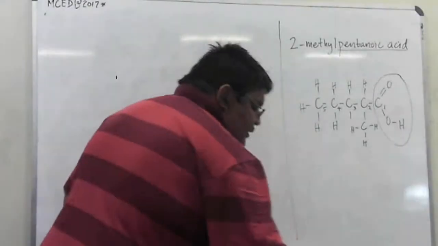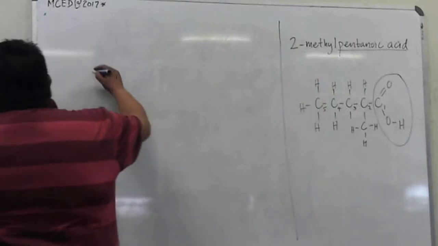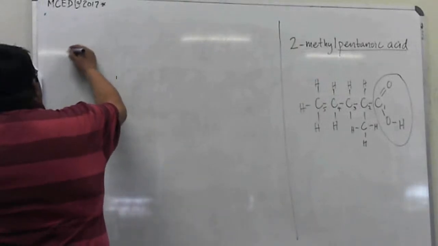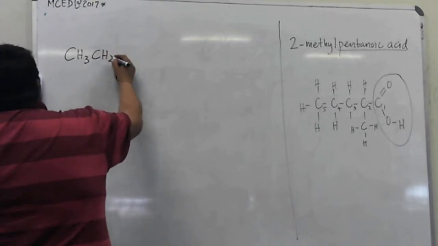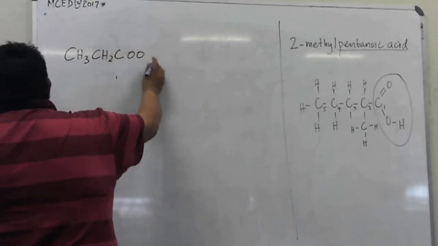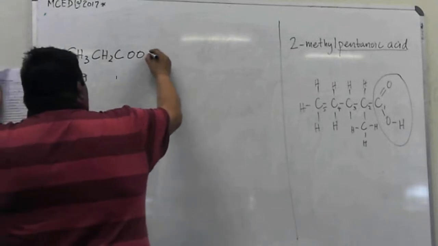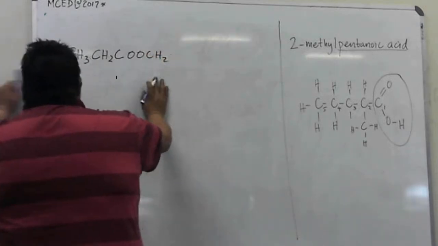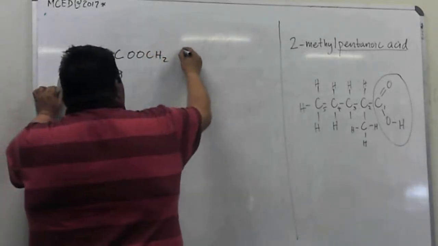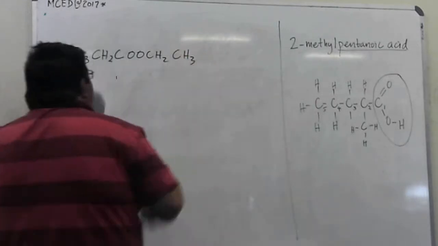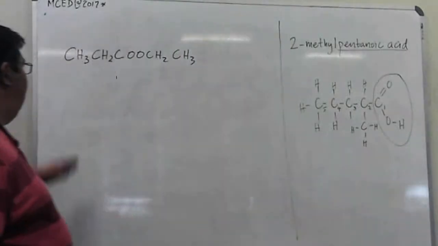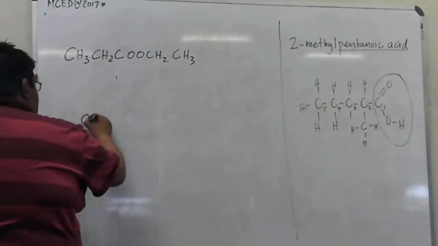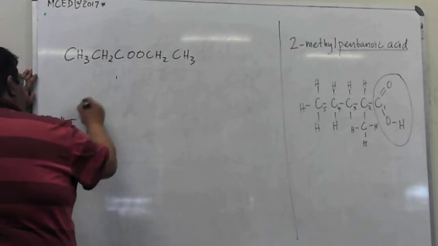My condensed structural formula, as on the question paper, is CH3, CH2, COO, CH2, CH3. Right, so that is my condensed structural formula. I start on the left-hand side, and I go C, and there's my 3 H's.